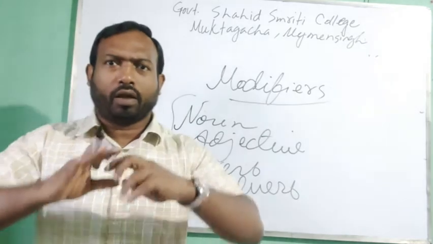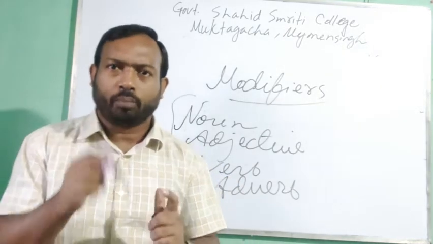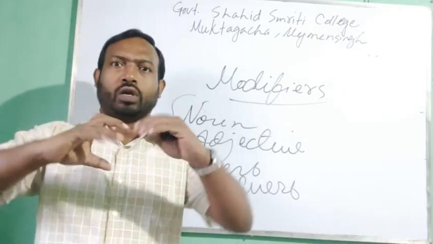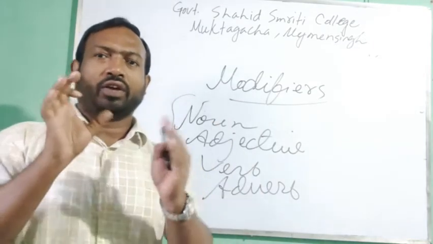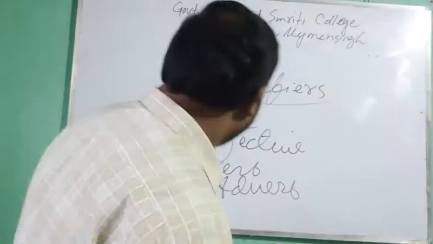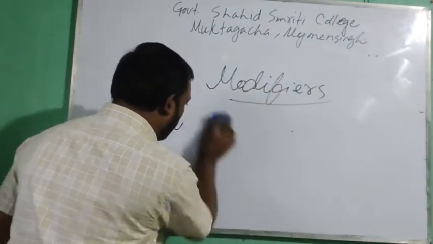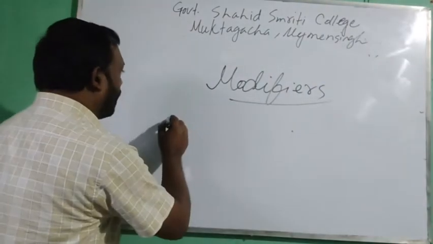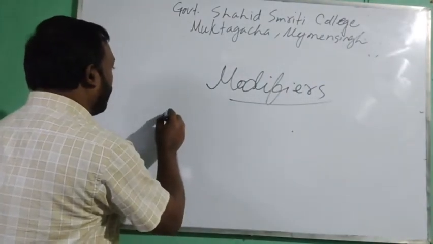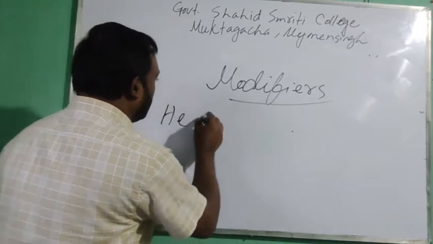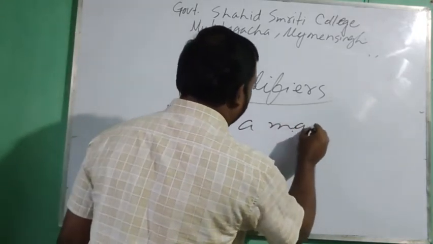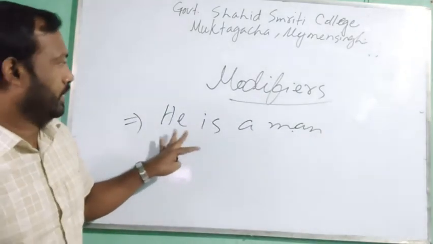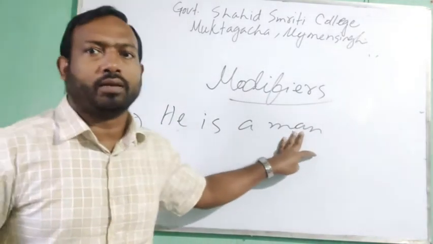The thing will be clearer if we give examples. Let's try to follow the examples. The examples will clarify the idea to you. How does it work? If we write down a sentence like this: he is a man. We can understand what it is. He is a man.